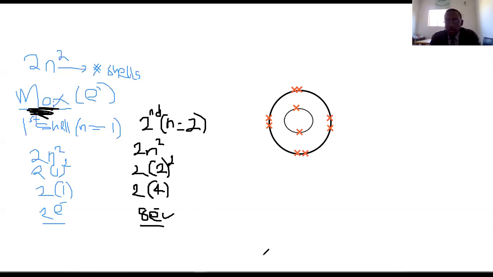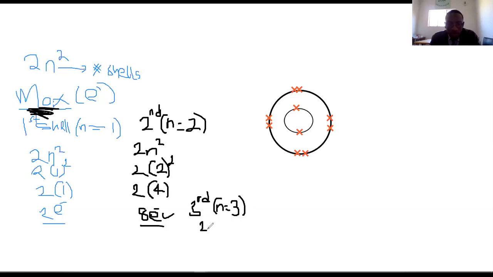For the third shell, applying the same concept. So third, use a different marker. Use black. So for the third shell, our n will be equal to 3.